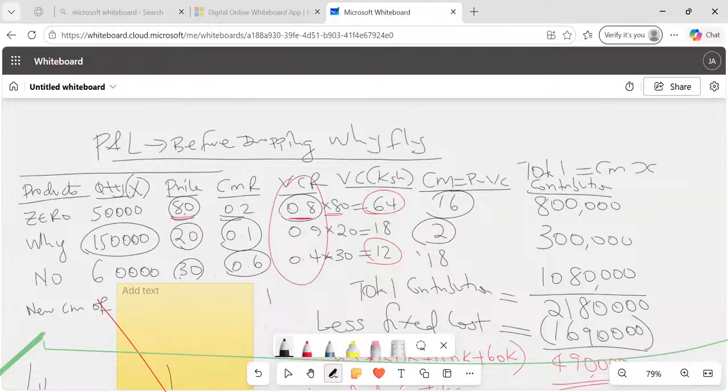Now they want us again to do an equivalent profit statement, but now after dropping Y fly.